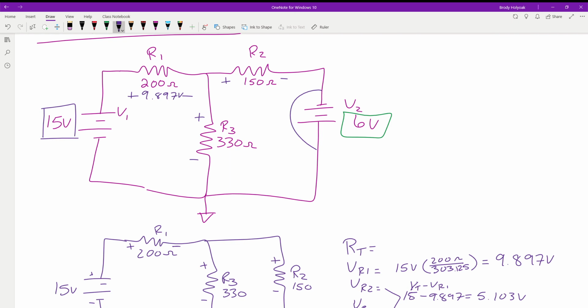And on R3 and R2, we have 5.103 and 5.103. Now with that being solved, we have the circuit half solved, because we still have this other power supply that we have to take into account.